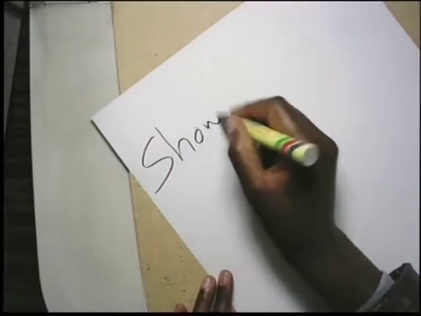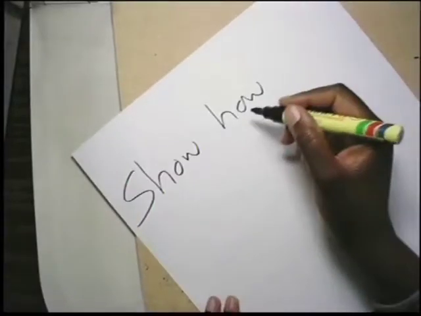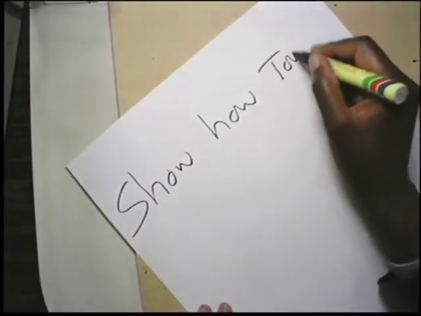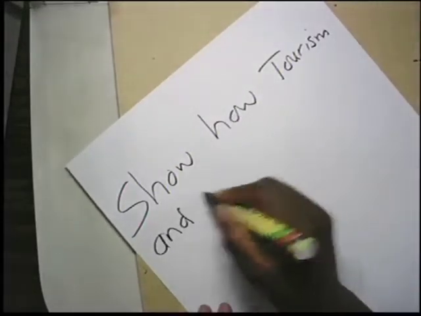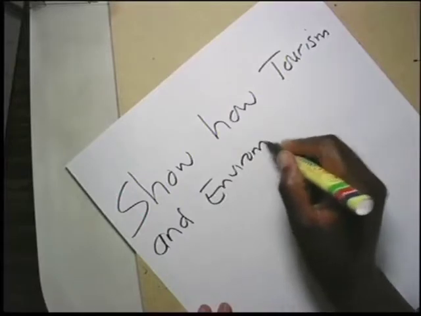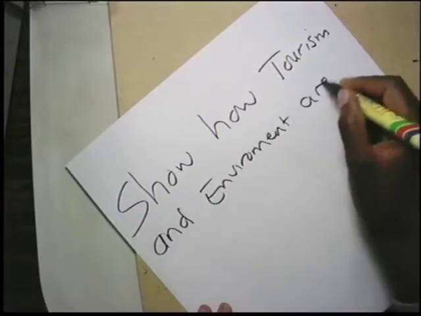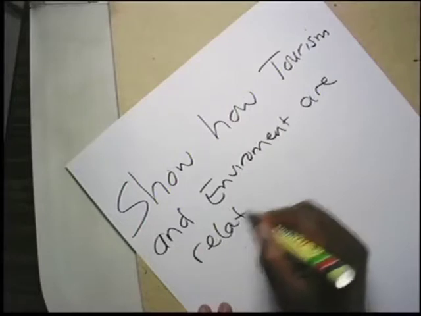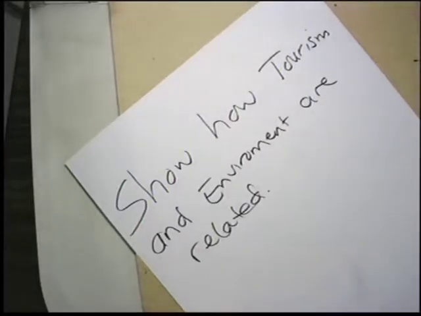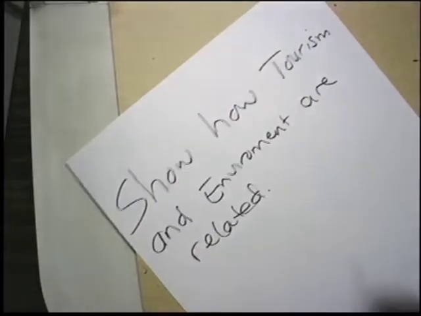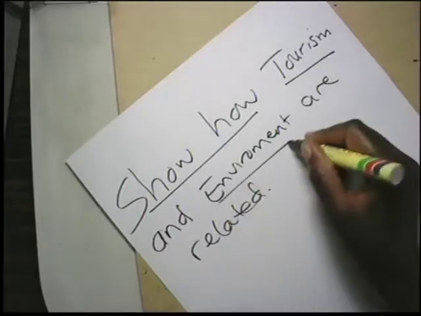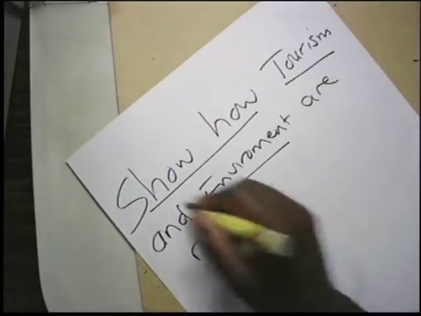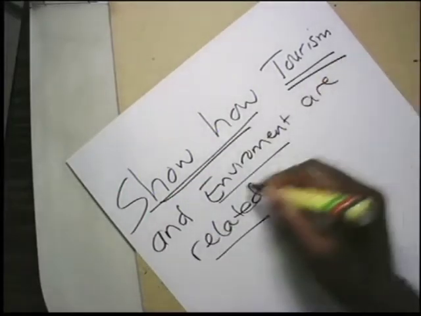Show how tourism and environment are related. This is a question. So the main keywords here are show how. You're showing how what? Tourism and environment are related. So these are your keywords, underline them in the exam.